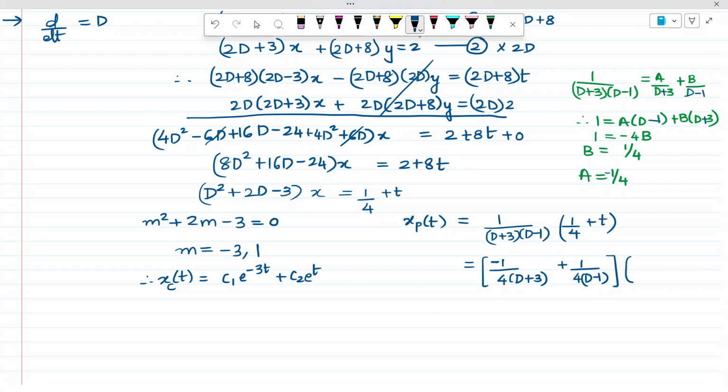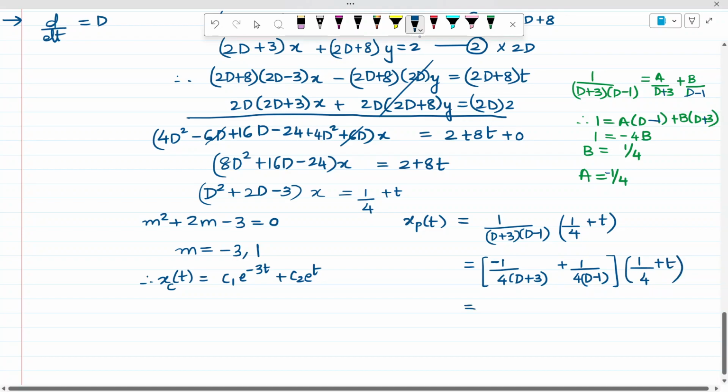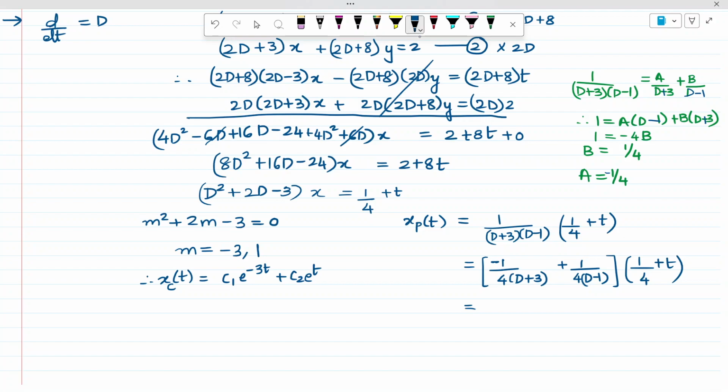Okay, how do you apply it to the functions here? How do you apply it to the functions here? Yes, please.